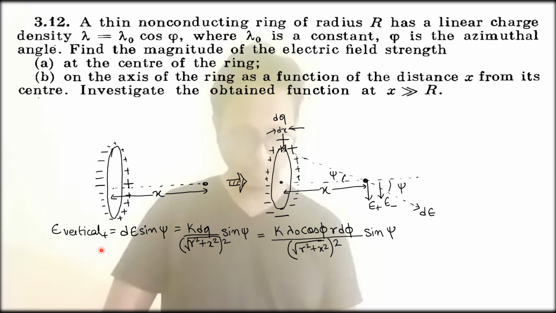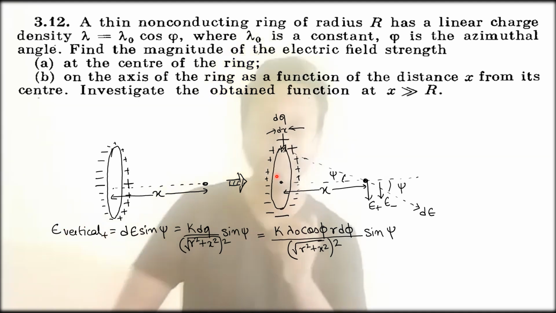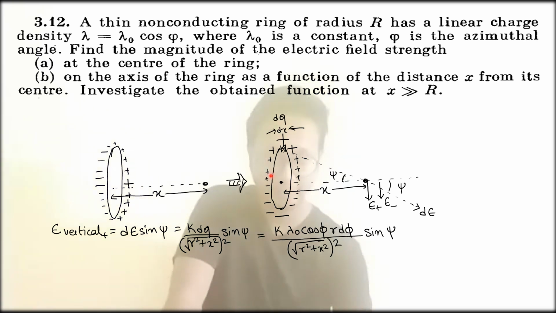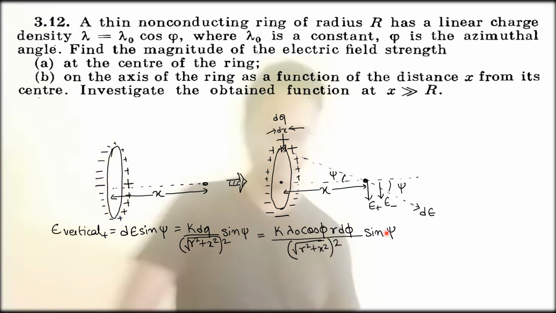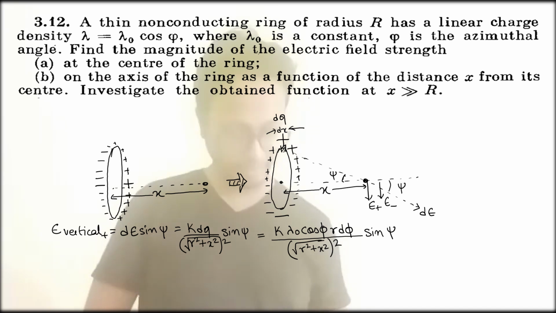So the vertical component of electric field due to positive charges is nothing but this much charge. What is the value of sin phi? The sin phi will also remain constant, doesn't matter wherever in the ring you are. This angle phi will always remain constant. So sin phi is nothing but perpendicular by hypotenuse, or perpendicular is nothing but r divided by hypotenuse, under root of r square plus x square.